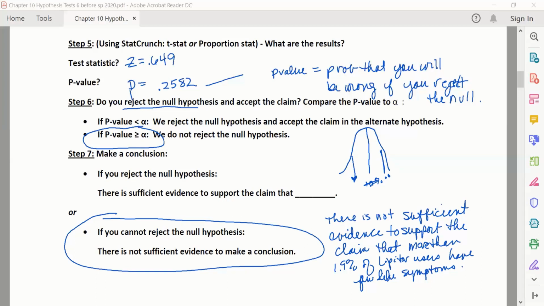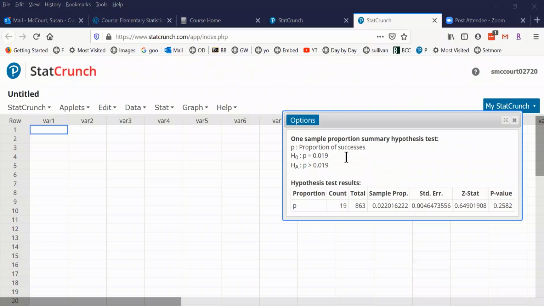Let me go back to StatCrunch. See, we used 0.019, okay, yep. So that's fine, 1.9%. I saw the count of 19, that's what made me think of it.